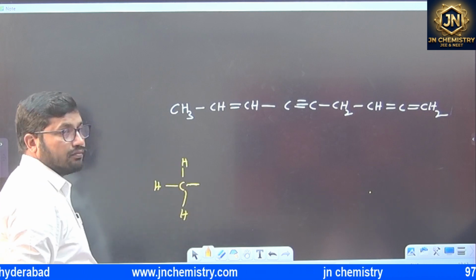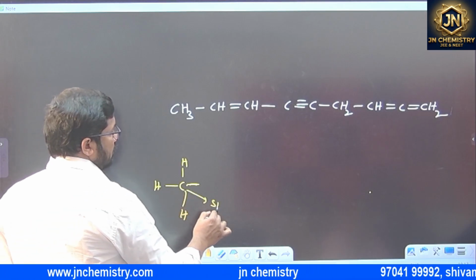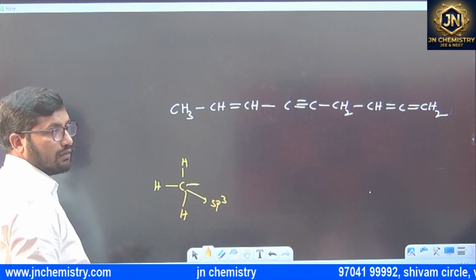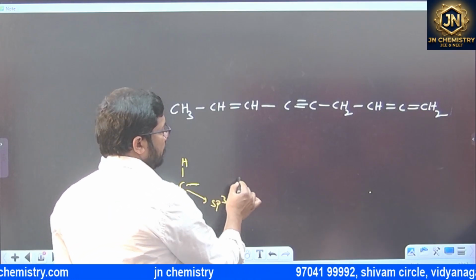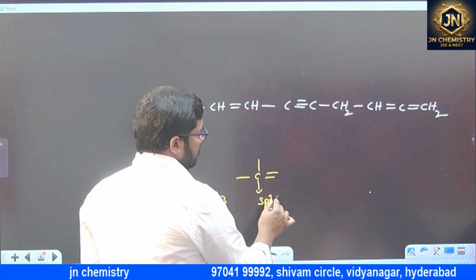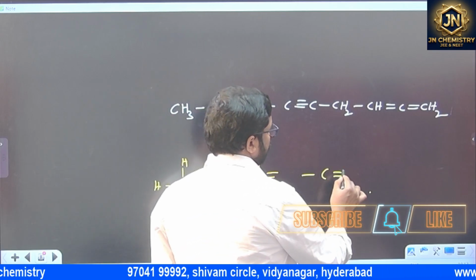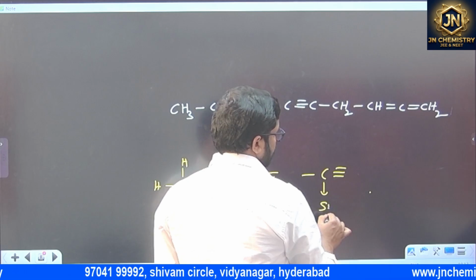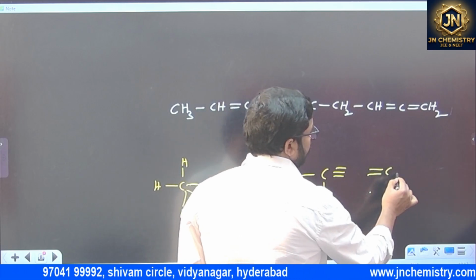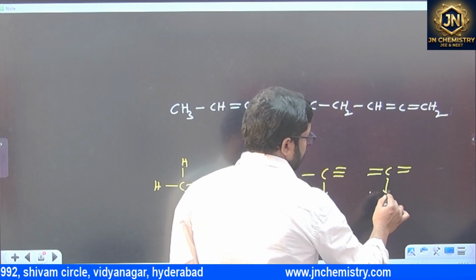Yes or no? That case is sp3. If a carbon has 1 double bond, that is sp2. If a carbon has 1 triple bond, that is sp. If a carbon has cumulative double bonds, like this, sp.